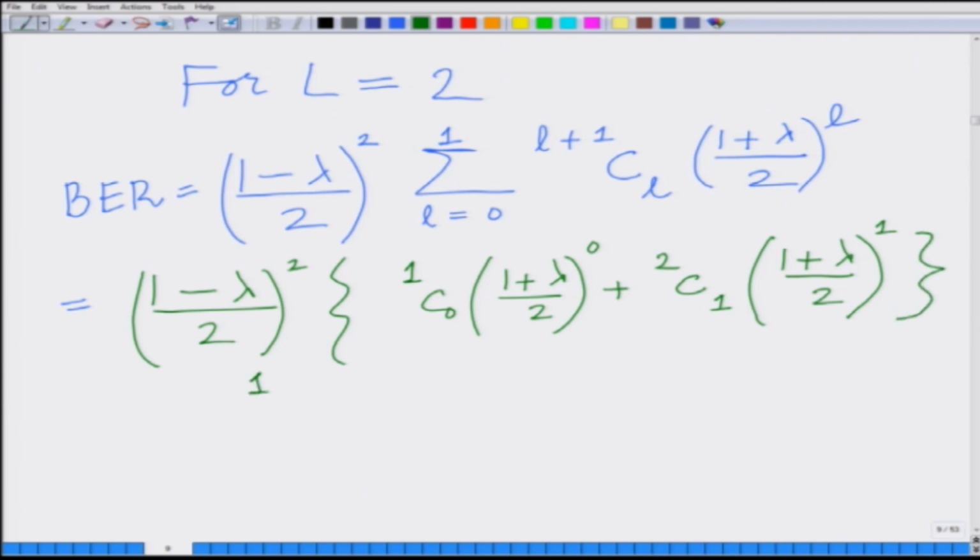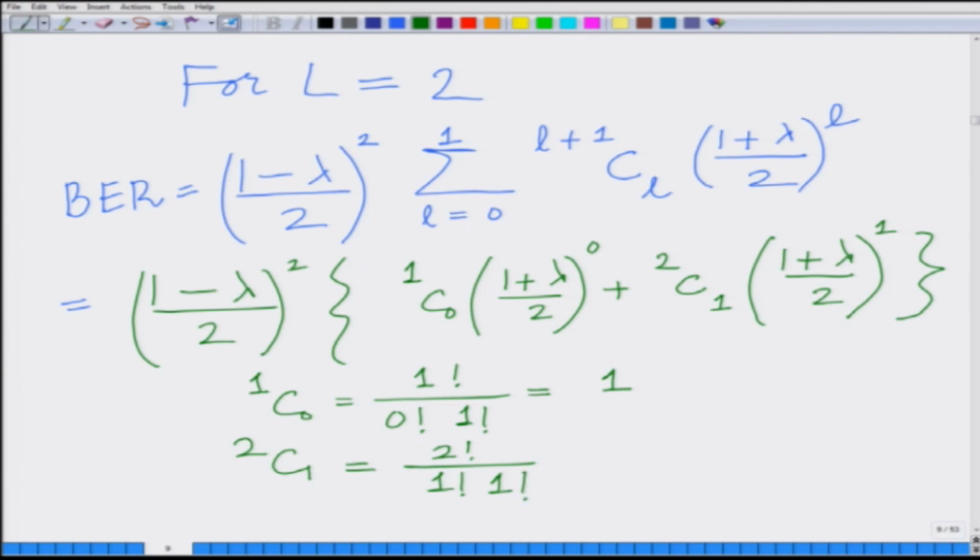Now, let us look at 1 choose 0. That is equal to 1 factorial divided by 0 factorial times 1 factorial, and 0 factorial is 1. So, this is 1. 2 choose 1 is 2 factorial divided by 1 factorial times 1 factorial, so this is equal to 2.